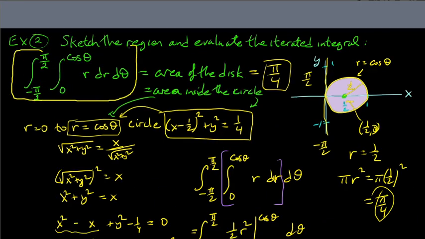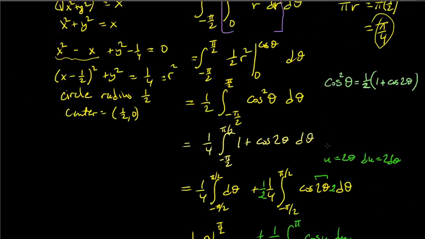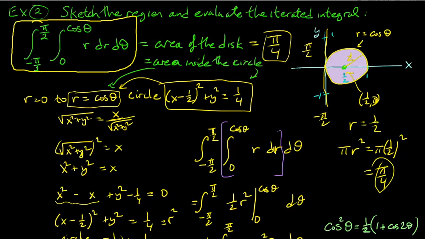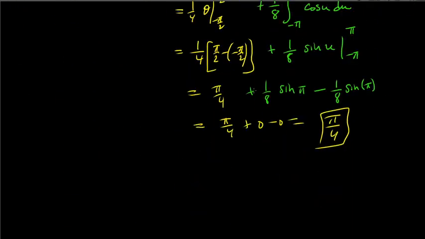This iterated integral then represents the area inside the disk. All right, well, I guess that's it. We'll do another example.